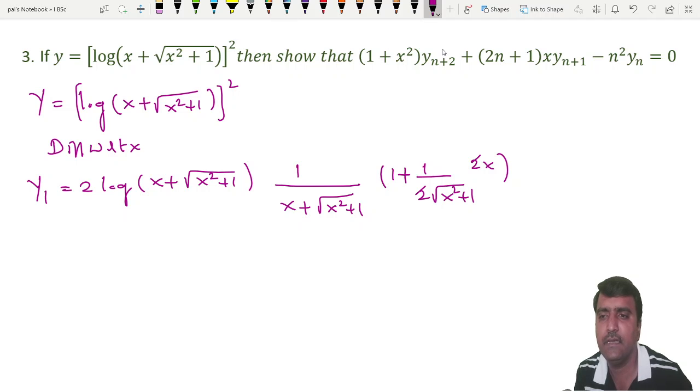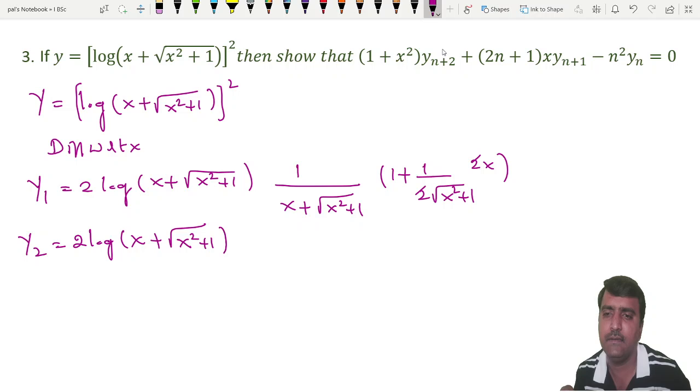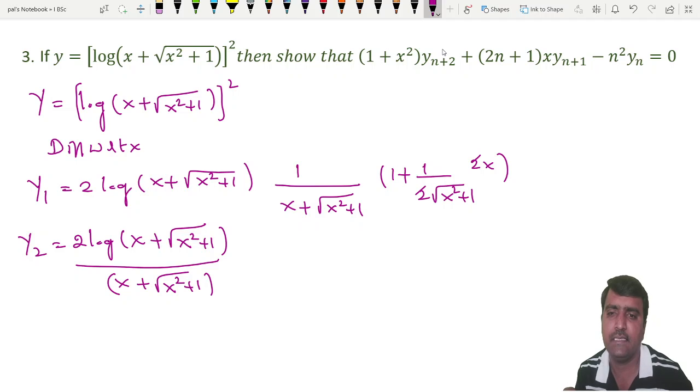Simplifying, y1 is equal to 2 into log of x plus root of x square plus 1, divided by x plus root of x square plus 1, into the last term. Taking root of x square plus 1 as LCM, it is root of x square plus 1 plus x divided by root of x square plus 1.